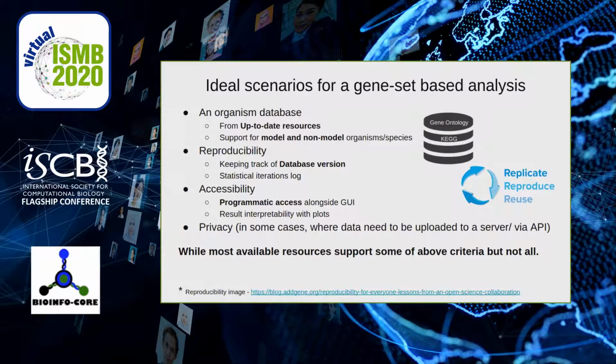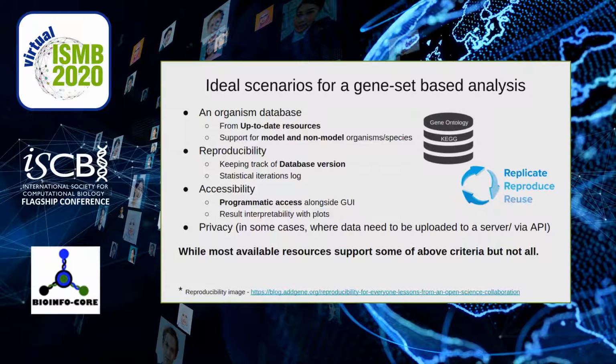So a typical ideal scenario for a gene set based analysis looks something like this. It needs an organism database. It should have up to date information, and it should support model and non model organisms, and it should have capability for reproducibility, like keeping track of database version or statistical iteration logs.